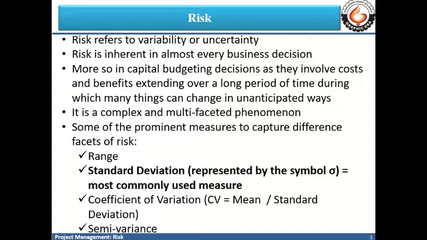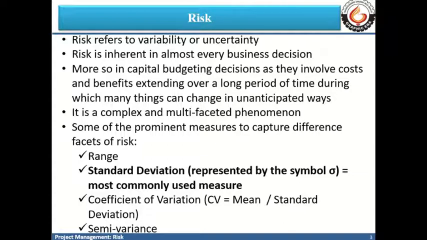Now, risk and risk management is a complex and multifaceted phenomenon, and there are some measures which are adopted to capture the different facets of risk. Some of these prominent measures are the range, which is the difference between the highest and the lowest value, and the standard deviation, which is represented by the symbol sigma, and it is the most commonly used measure.